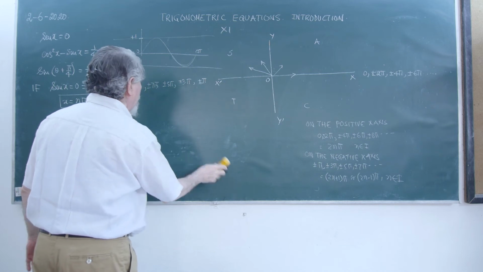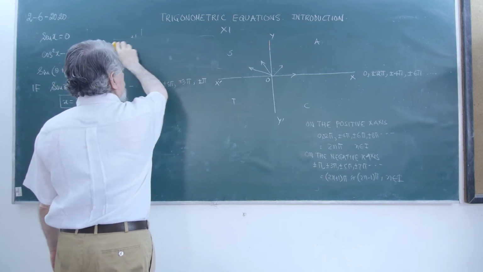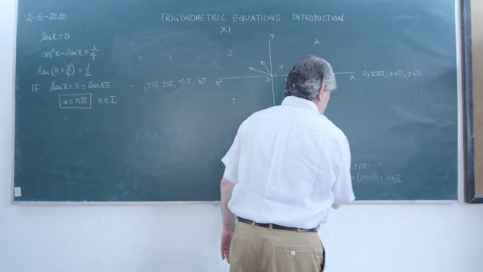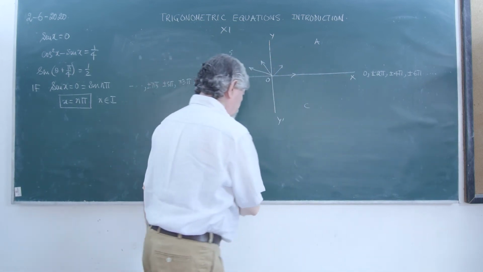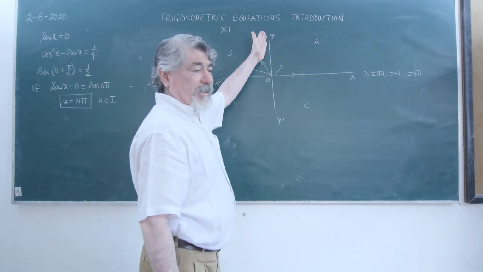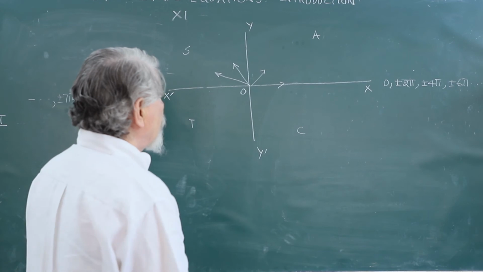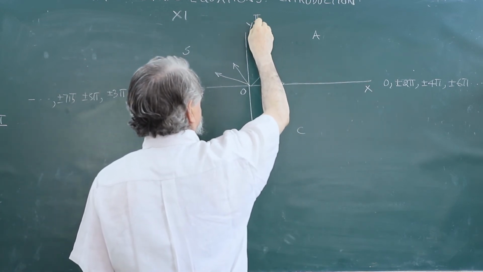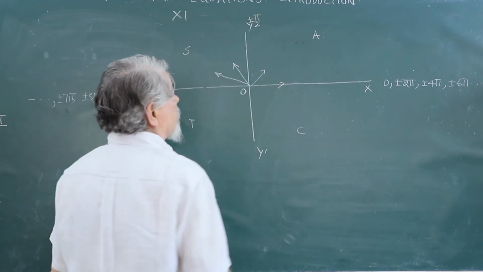Let's talk now of the y-axis, positive y-axis, negative y-axis. Here the values were 0, here the value will be how much? Pi upon 2, plus minus again.